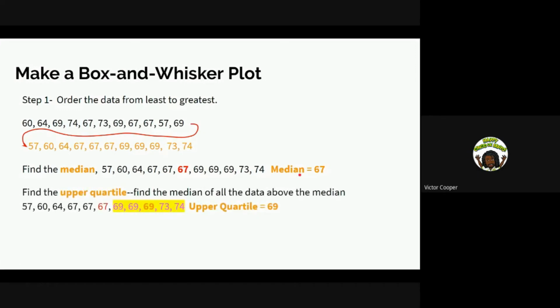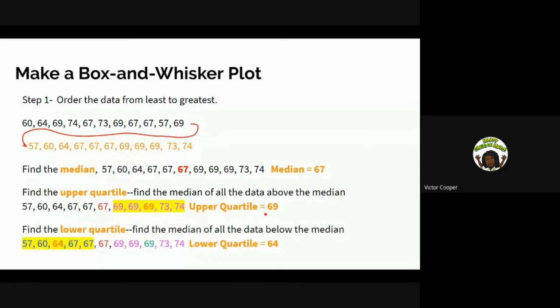Okay, now this is the part that is new, upper quartile. So ignore the median and give me all the numbers above that and figure out the median for just these numbers here. And that's called our upper quartile. In this case, the number happens to be 69. We'll do the exact same thing for the lower quartile.